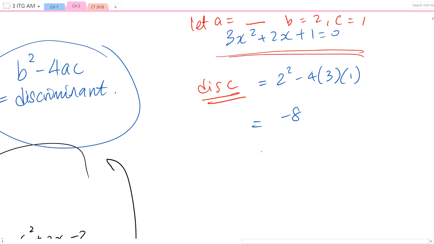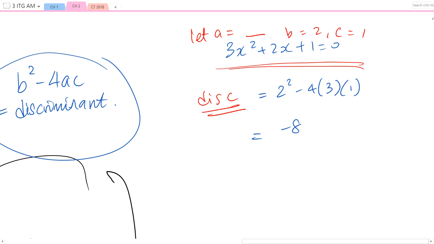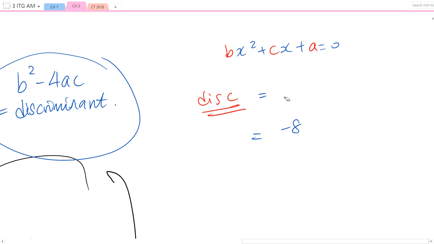Sometimes I like to set traps for my students. I'll show you my trap. Okay. What is the discriminant? What is the discriminant? C squared minus 4ba.